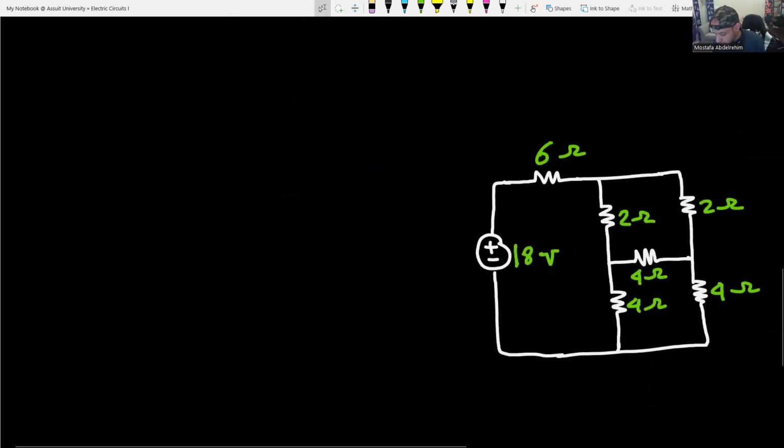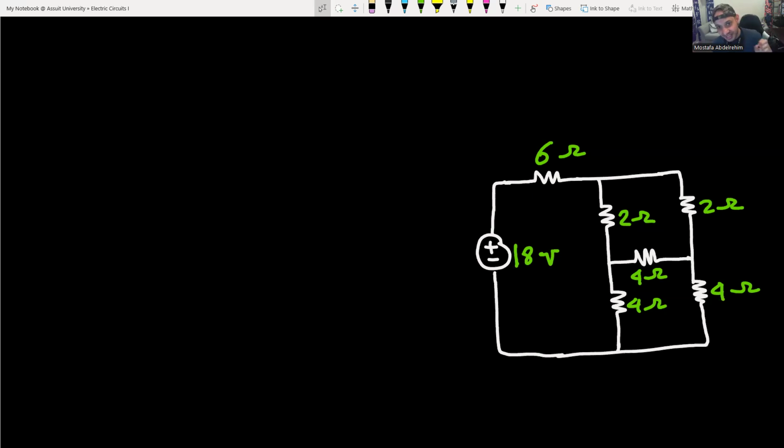This example is one of the nicest examples that will put your hands on such kind of method. The first step we should do is to find out if there is a current source in the circuit, because current sources with the mesh current method might cause some troubles.